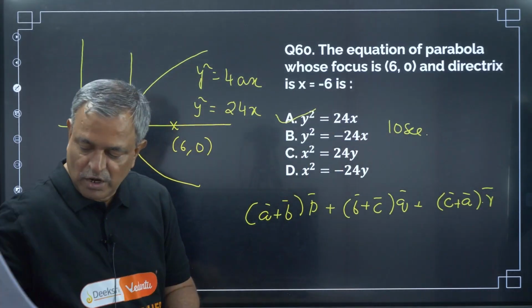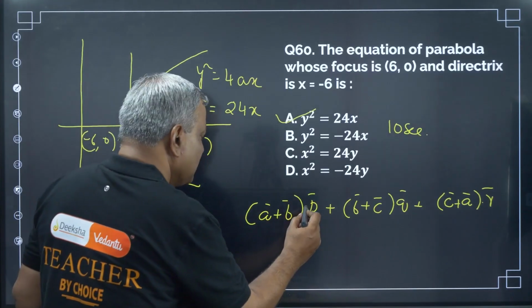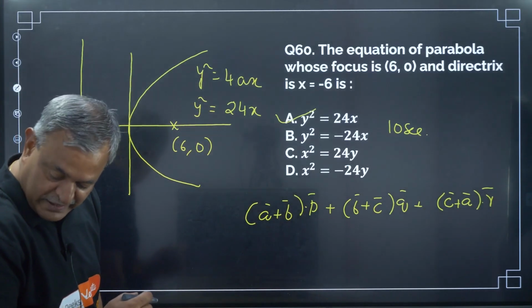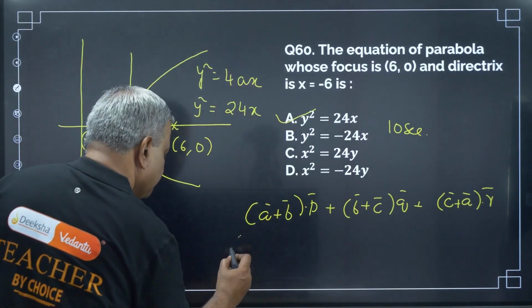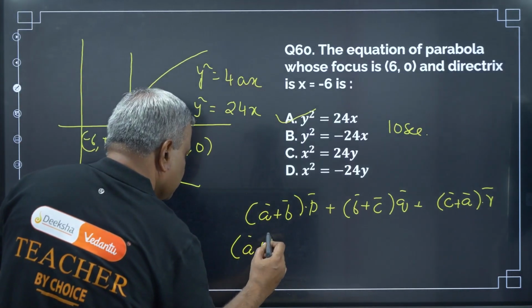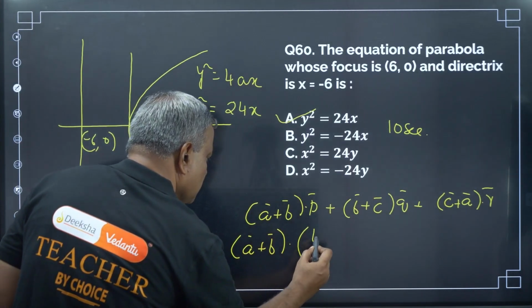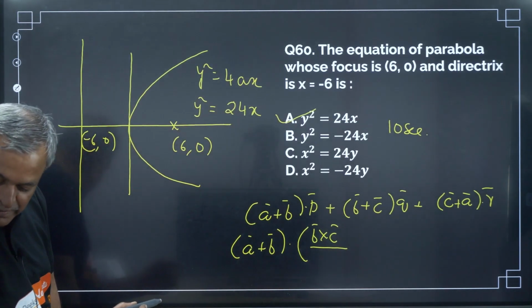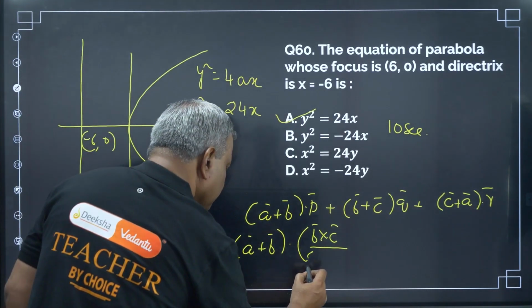This is all dot product. Very simple. They gave you p vector as b cross c by box ABC.